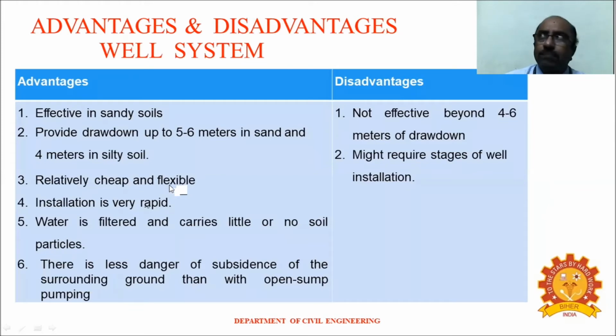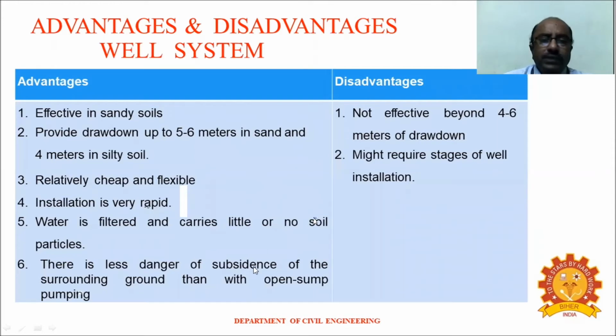It is relatively cheap and flexible. The installation is very rapid, and the water is filtered and carries little or no soil particles. That is the main advantage, because we have the strainer as well as the filter. So we are pumping only the water, thereby the soil is not sucked.